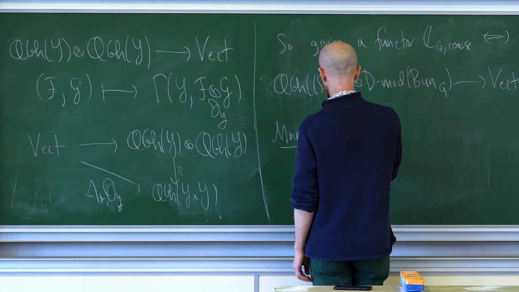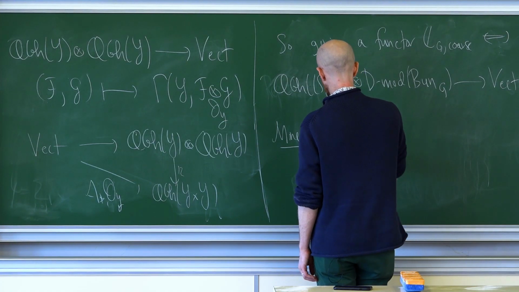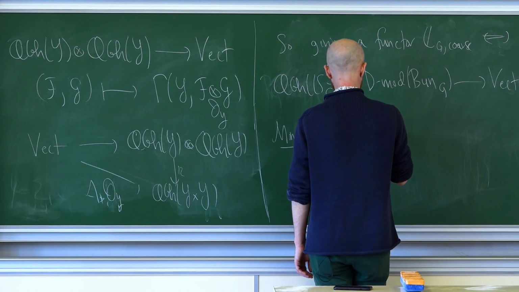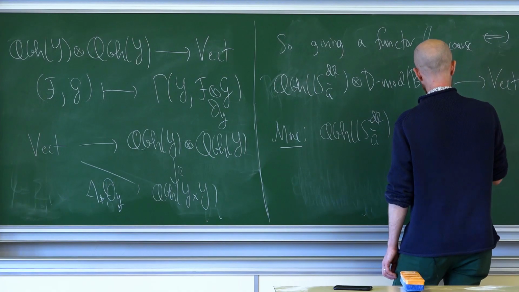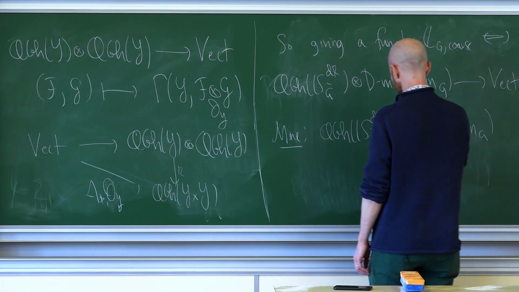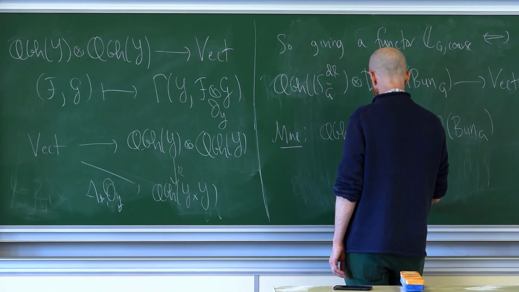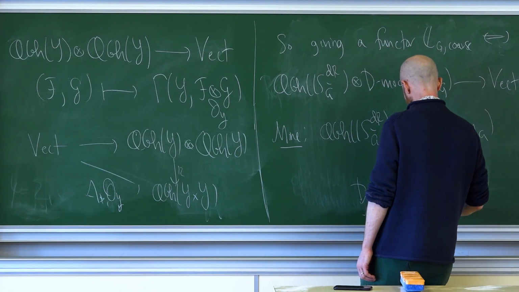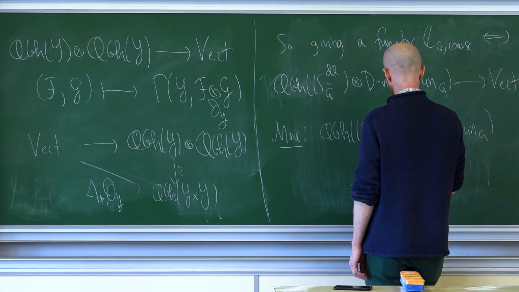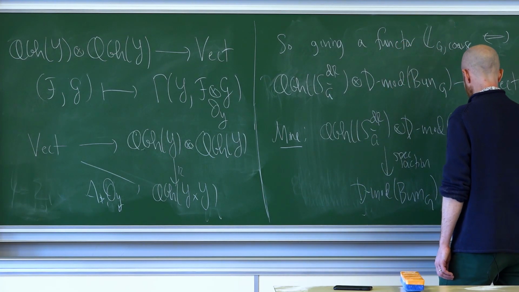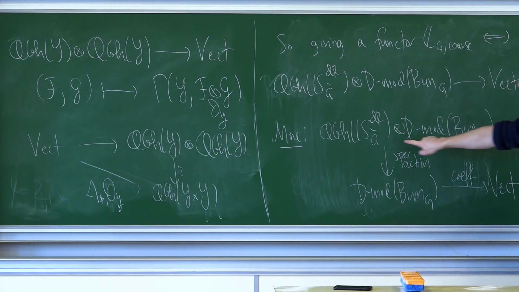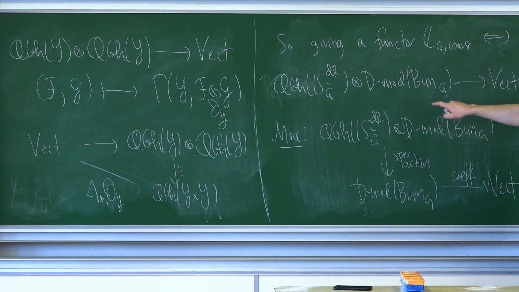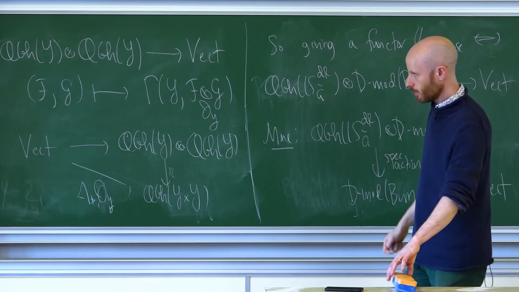I take the spectral action and then I take this first Whittaker coefficient. And that gives me a pairing from here to here, and therefore a functor like LG coarse.